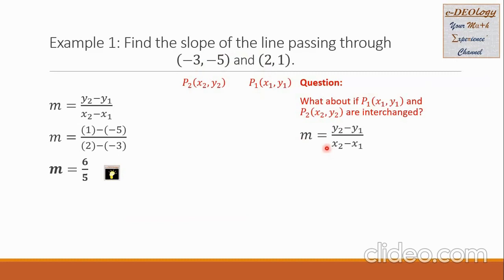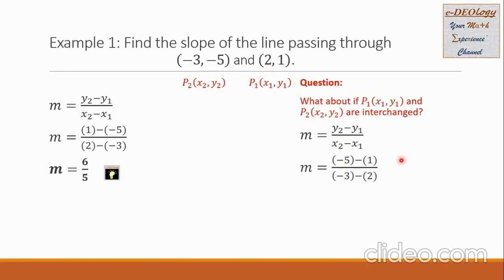Then let us collect the corresponding numbers. Our y sub 2 is negative 5, minus the y sub 1, which is positive 1, all over x sub 2, which is negative 3, then minus x sub 1, which is positive 2.